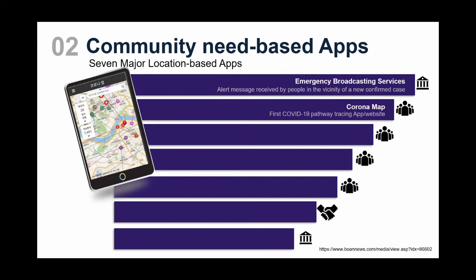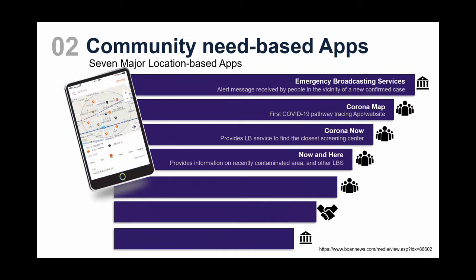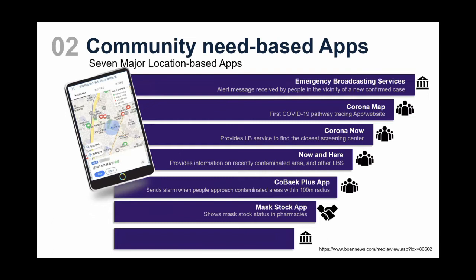And then the community started to develop different apps, such as Corona Map, which shows the pathway of the confirmed case patients. Other communities developed other apps, such as Corona Now, Now and Here app, Quebec Plus app, and Mask Stocks app.